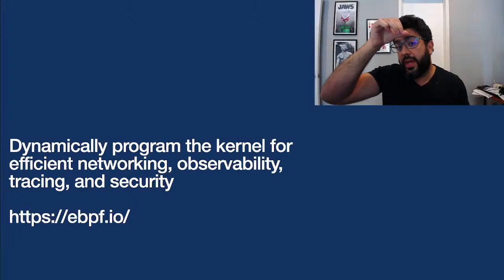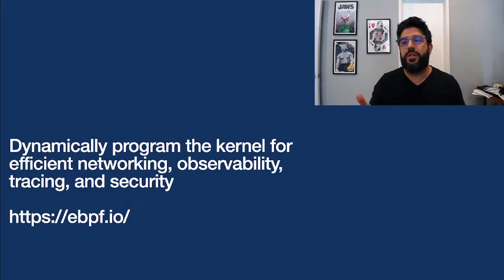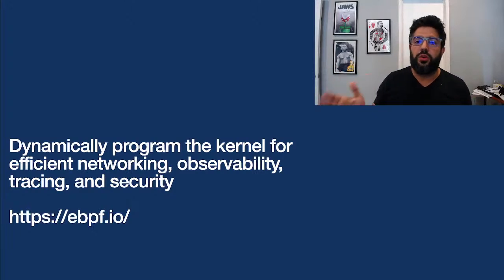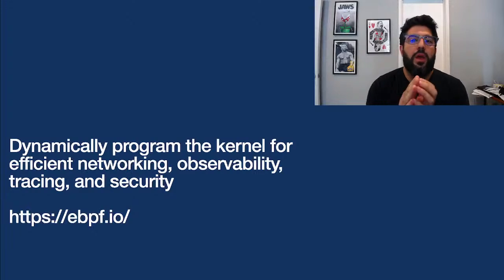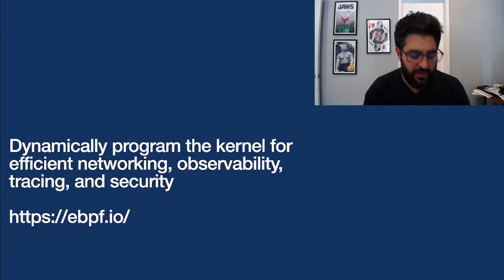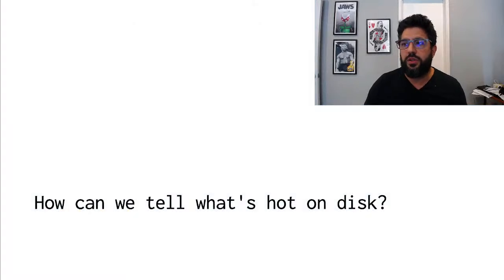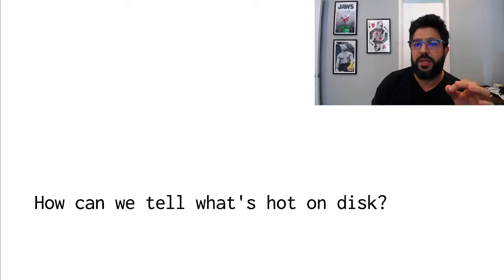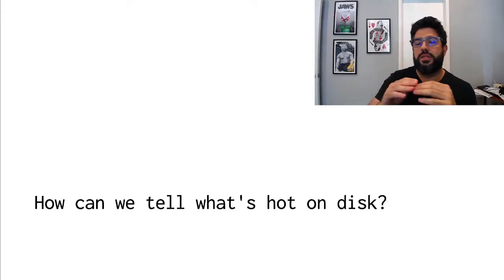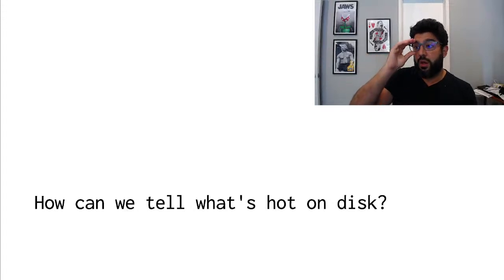So what are we going to get here? The description from the documentation is: dynamically program the kernel for efficient networking, observability, tracing, and security. The idea is that we can stick these little programs in our kernel, and we get these signals. The nice thing is it doesn't have to go back and forth between user mode and kernel mode, so there's a performance advantage there.